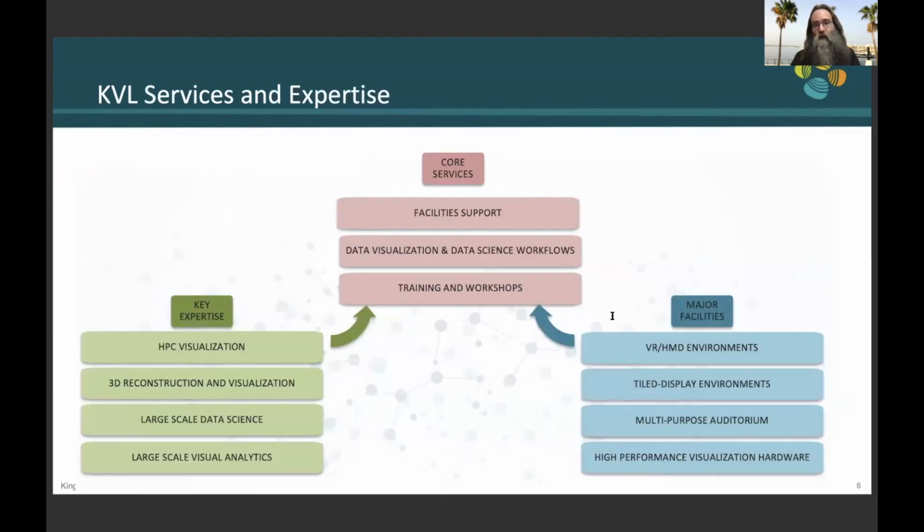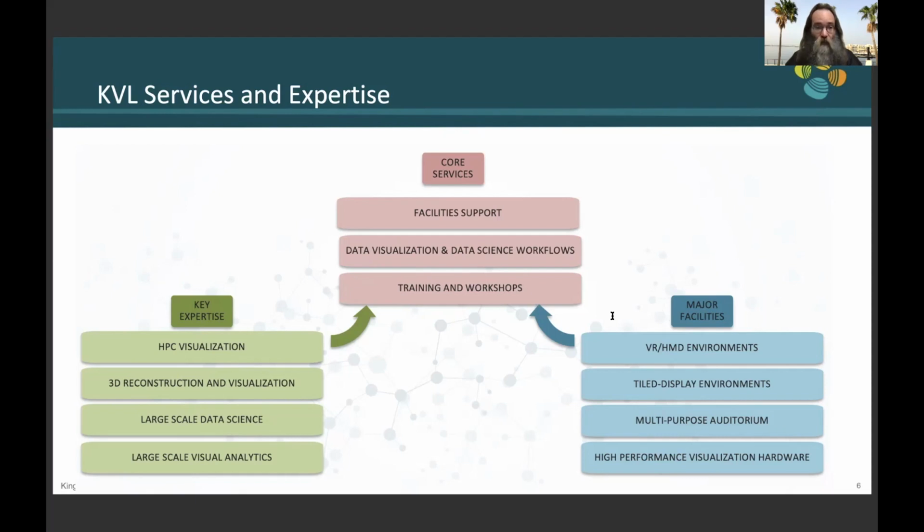So here's what we do. Essentially, our core services come in three groups. We provide facility support. So we have special visualization hardware like virtual reality, head-mounted display environments, tile display environments, a multi-purpose auditorium, and other high-performance visualization hardware.